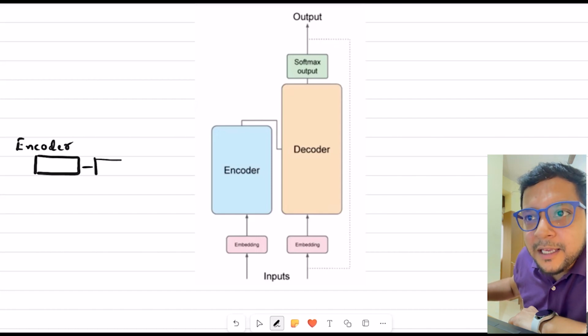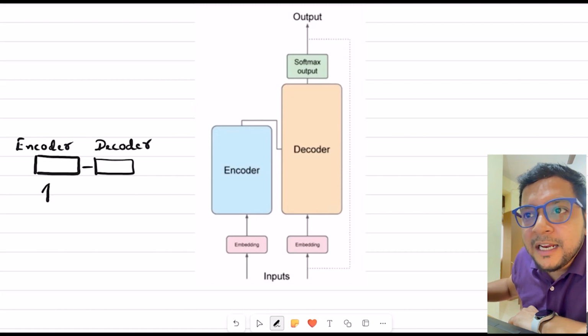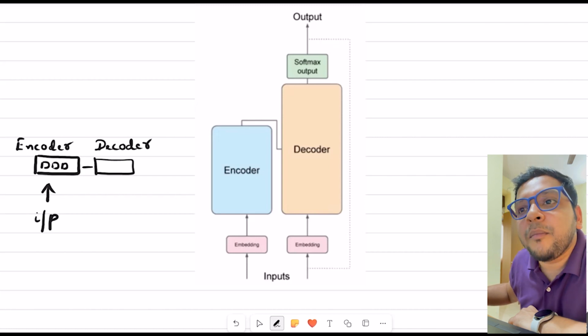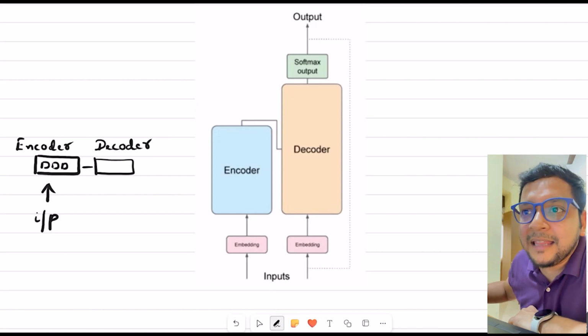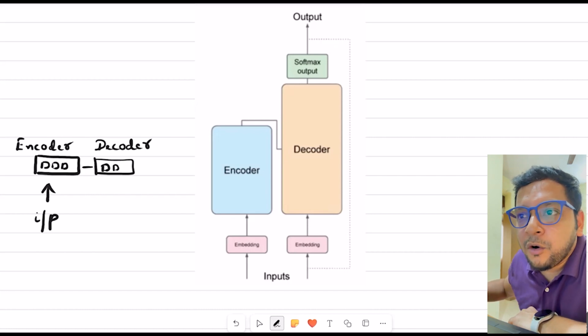We give input to the encoder, and within the encoder there is an architecture consisting of an RNN or maybe an LSTM, and then it gives out a context vector to the decoder, where the decoder also has a similar architecture to that of the encoder, and then it throws out the output.